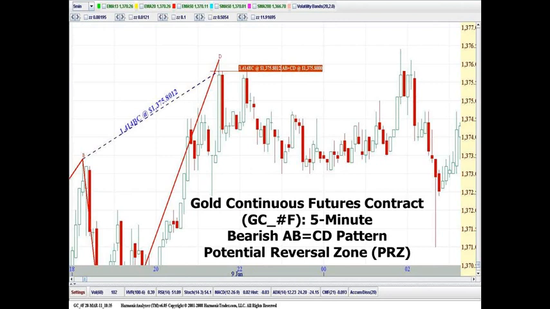Looking at this chart of the price action in the potential reversal zone, on the first test that hit these numbers, the price action stalled. Now, the price action did require a secondary test, but the exact point where the reversal occurred was marked by the equivalent AB equals CD pattern.